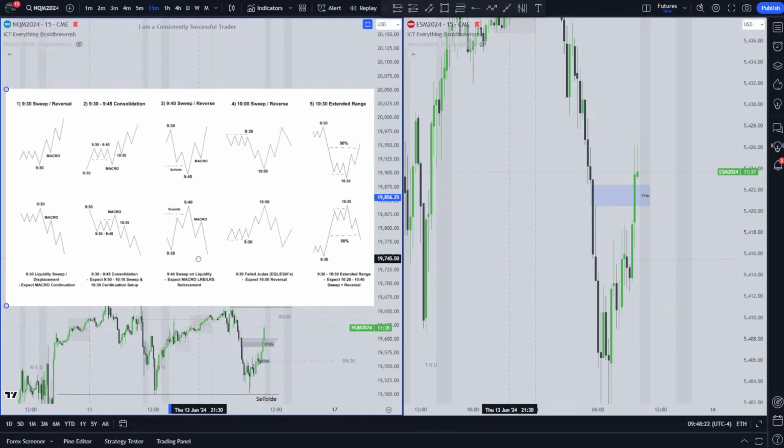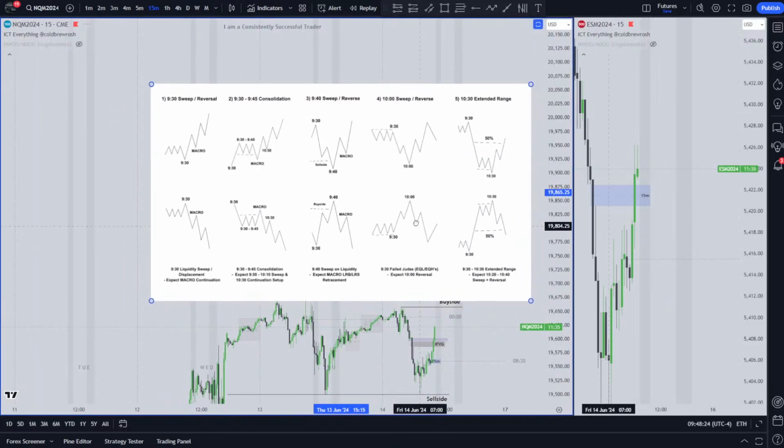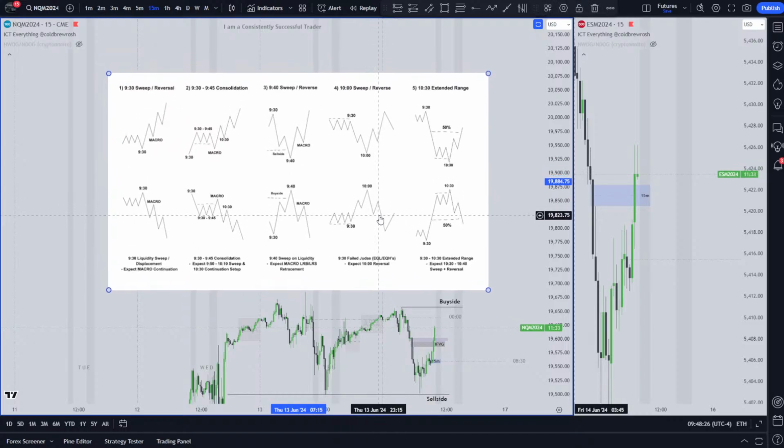Otherwise it won't show. Essentially, these are the different scenarios that play out. I don't use this much anymore because I look for a bit more higher time frame trades, but it's very useful if you are trading that lower time frame and you are expecting things to happen at certain times.